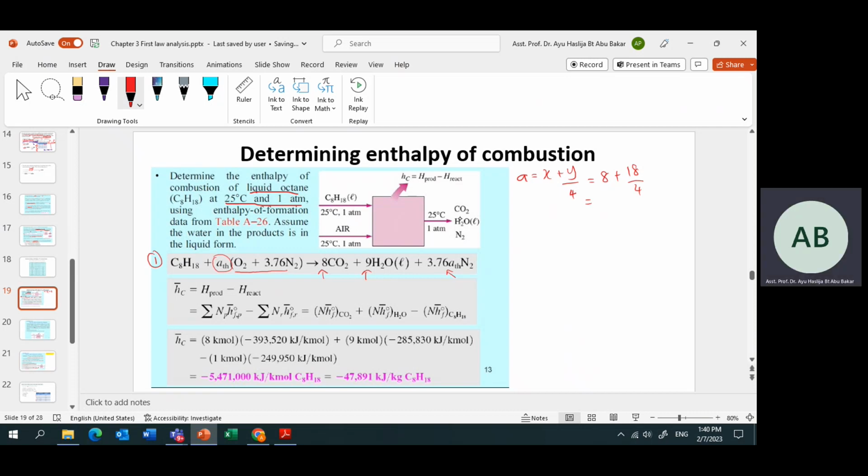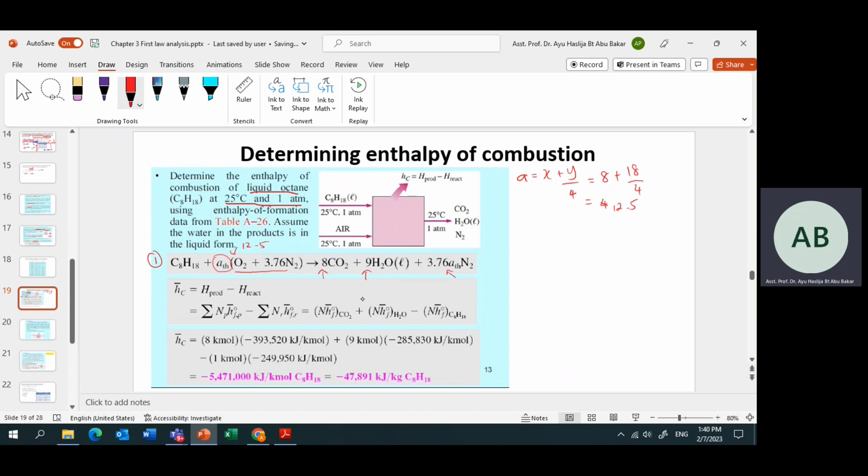What do you get? 12.5. Then generate the final combustion equation. 12.5, so this one is 3.76 multiplied by 12.5.